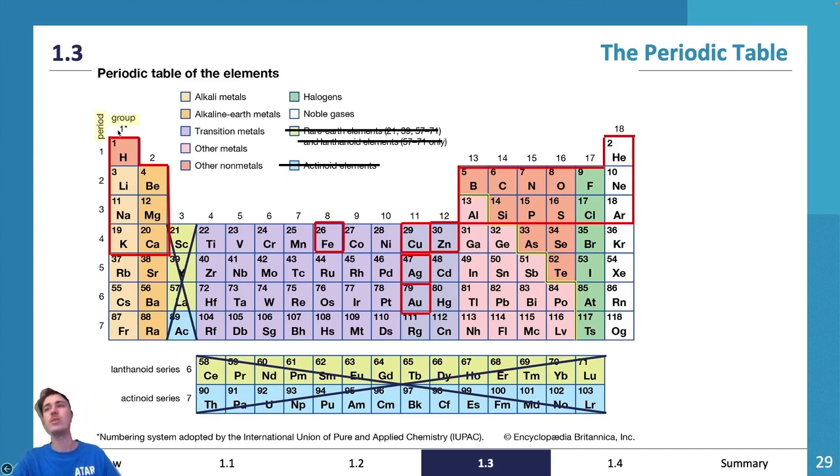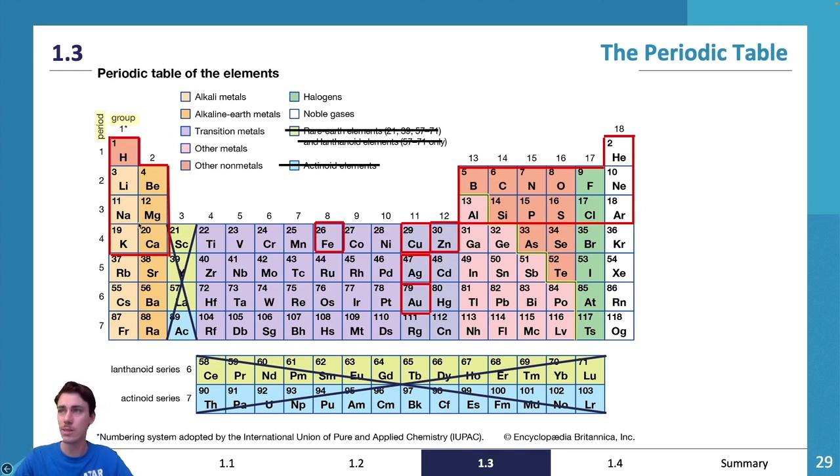Notice how we call things groups and periods. Periods run across, so this is period 1 all the way to here, period 2 runs here, period 3 runs here. Periods refer to valence electron shells. That's going to sound like a weird wording, but we're going to learn about it soon, so do not worry.